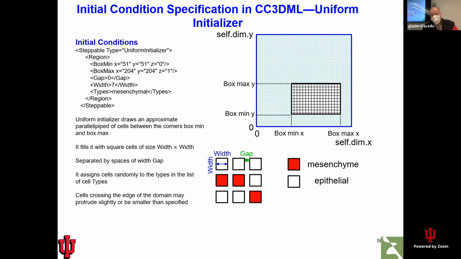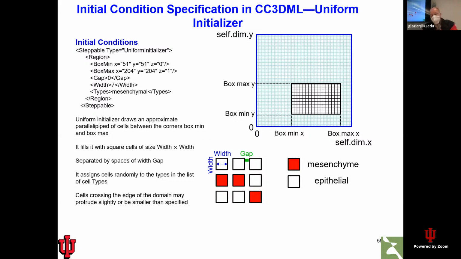We can define the size of the squares that we're going to draw, which is called width in this case. We can define a gap, which is a spacing between our cells, which will be filled with medium, or whatever we had before. And we can say whether we want only one cell type or multiple cell types. If we list multiple cell types, they're going to be randomly positioned.